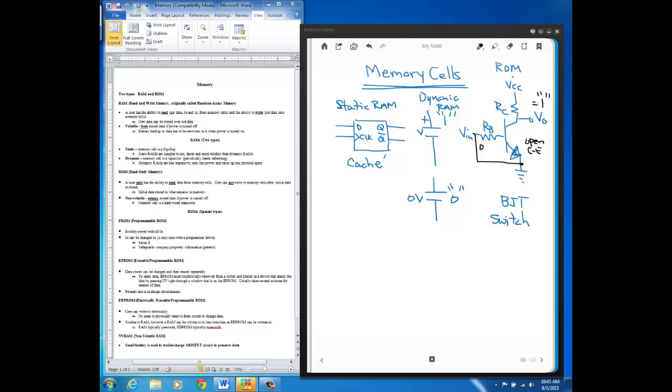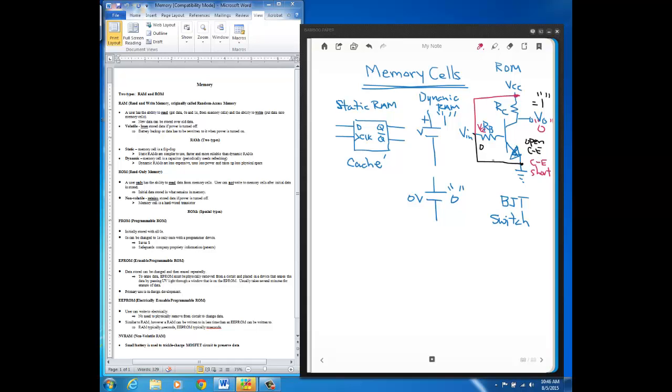Now, if we hardwire or short the input of this transistor switch to VCC, like this, that's going to make this input equal to VCC, which makes the collector to emitter a short, and that's going to ground V out and make V out a 0. So you see that's how a 0 is stored with this memory cell.